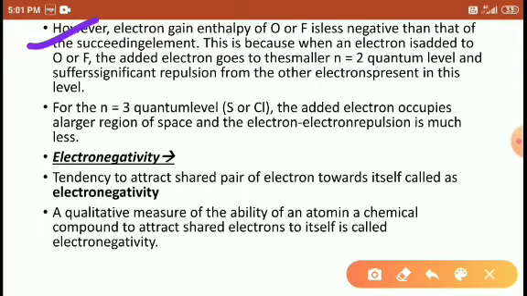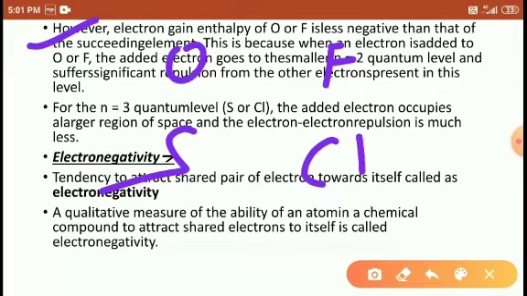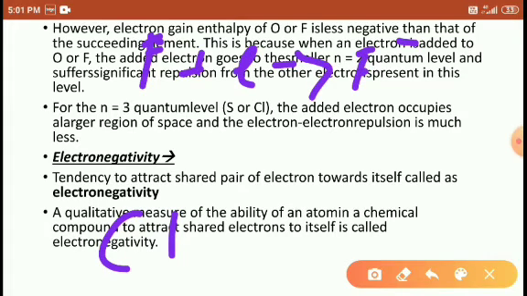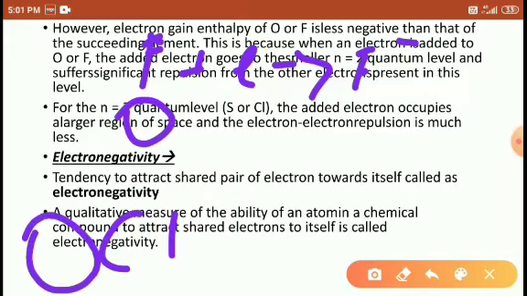When you compare the succeeding elements, after oxygen we get sulfur, after fluorine we get chlorine, right? We'll give one example, fluorine and chlorine. When an electron is added to fluorine, it forms the fluoride ion, right? After the addition of the electron, its size is very small compared to the chlorine size.